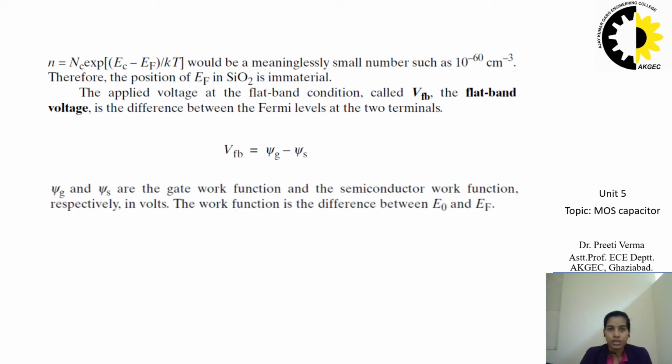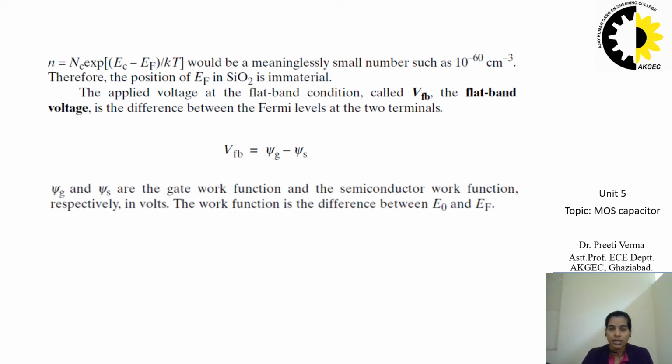The applied voltage at the flat band condition is called VFB. The flat band voltage is the difference between the Fermi levels at the two terminals. VFB is equal to Xi G minus Xi S, where Xi G is the gate work function and Xi S is the semiconductor work function, respectively, in volts.